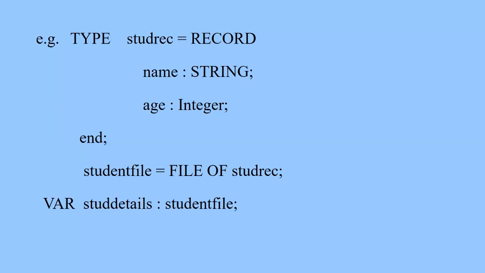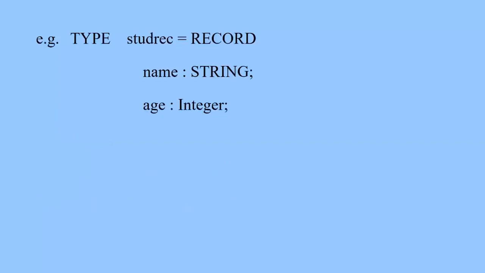Then we have a variable called student details of type student file. Student details is a variable of type student file. Let me repeat this part, my dear students and the rest of the learners, so that you can gain proper understanding.